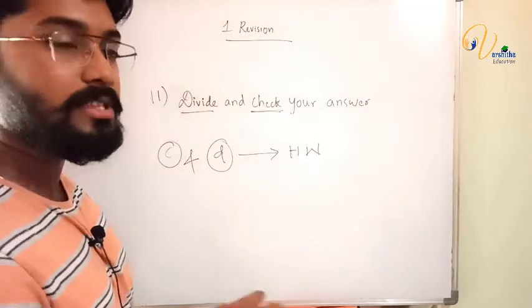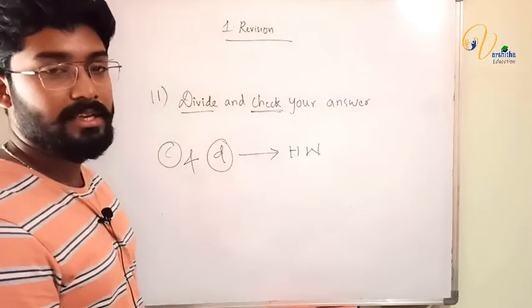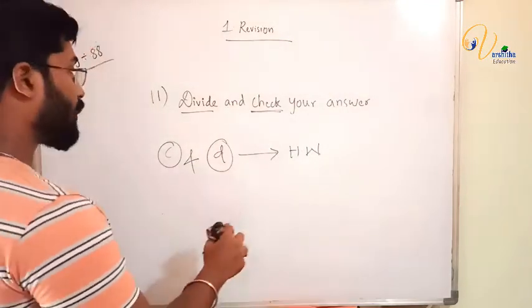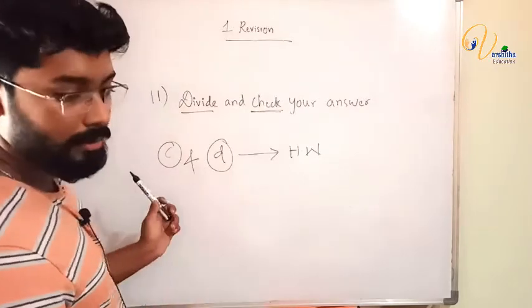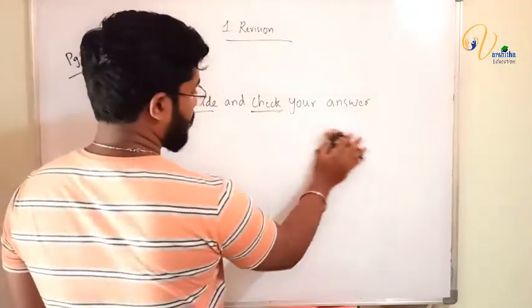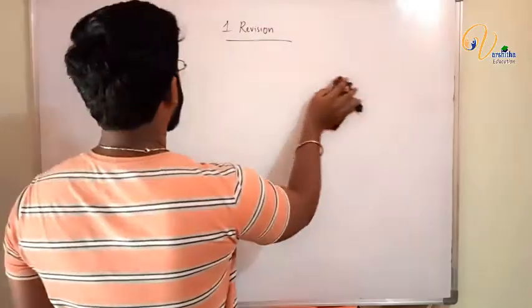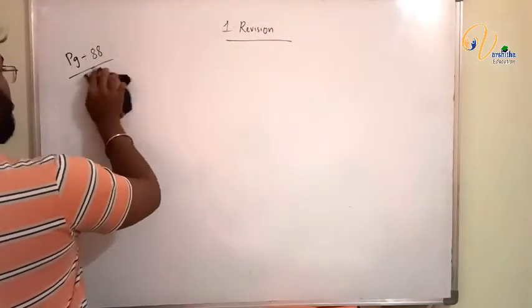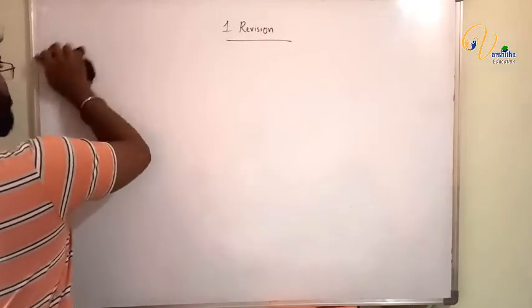Before I say it, you should try once again. In the next class I will discuss both of them and we will move to the next bit, the 12th bit. By this we have concluded our class, and we will discuss the next topics in our next class.